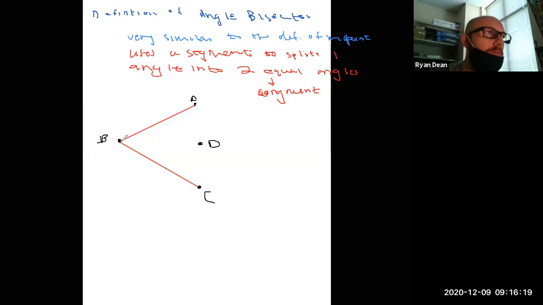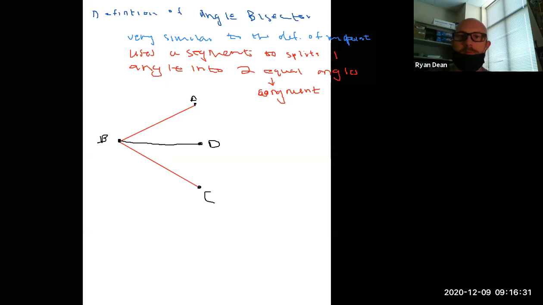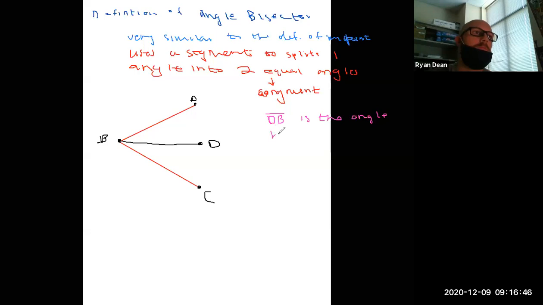From D to B, this segment would be the angle bisector of ABC. So let's write that down. So here in this specific example, DB is the angle bisector of angle ABC.